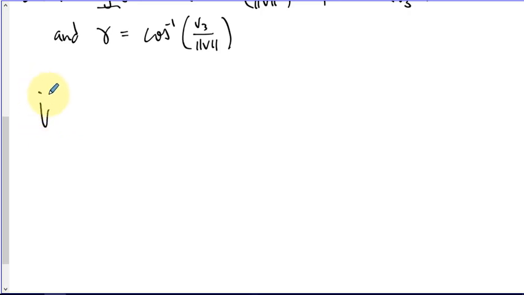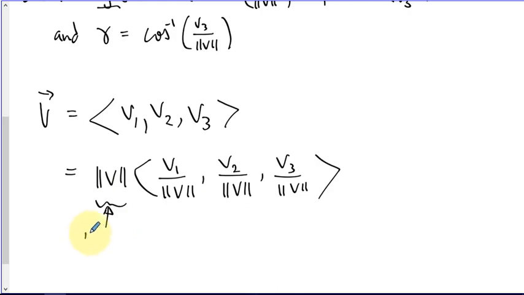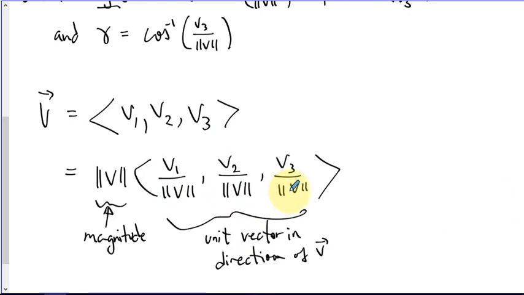Okay, there's another point I want to make here, and that is that we could start with that vector v, v1, v2, v3, and factor out the magnitude. The way I'll do that is I'll say this represents the magnitude, and if I write it out front, then I'll put it in the denominator in each of these components so that I haven't changed the value of the vector. So this is magnitude. This is a unit vector. This represents a unit vector in the direction of v.